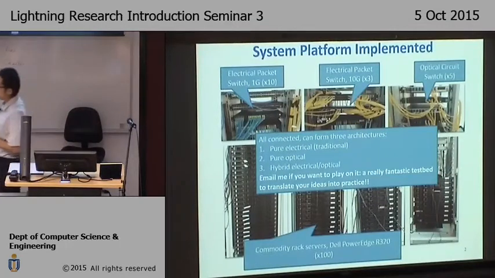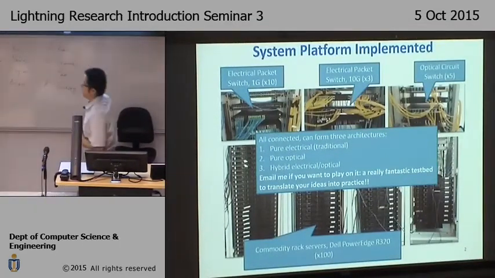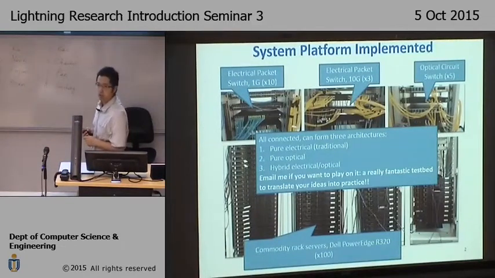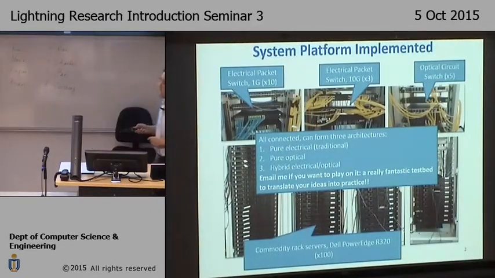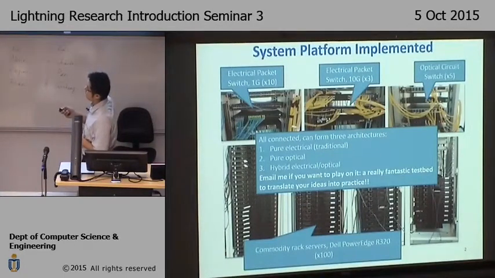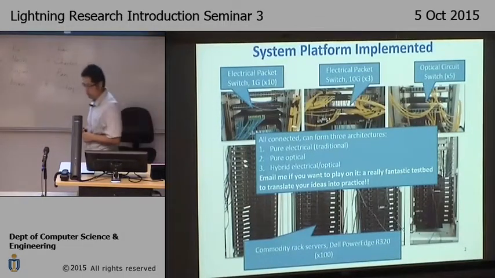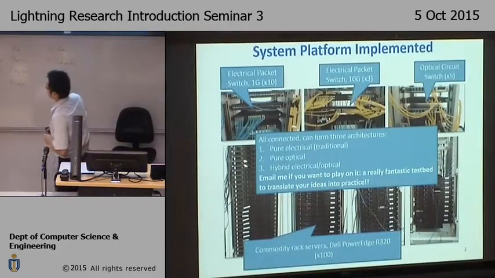They can form 3 very meaningful system architectures. It can be pure electrical, if we connect all these servers to the electrical packet switches. It can be pure optical, if we connect all these servers to the optical circuit switch. And it can also form a hybrid electrical-optical architecture.